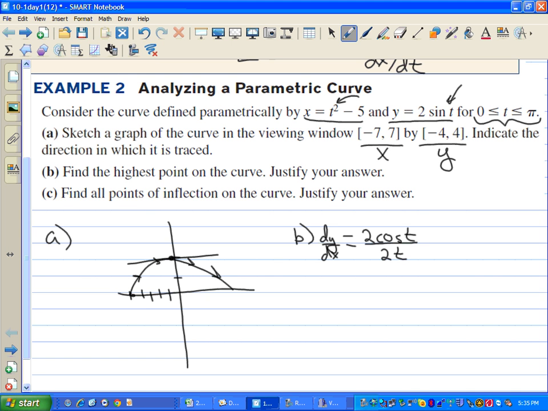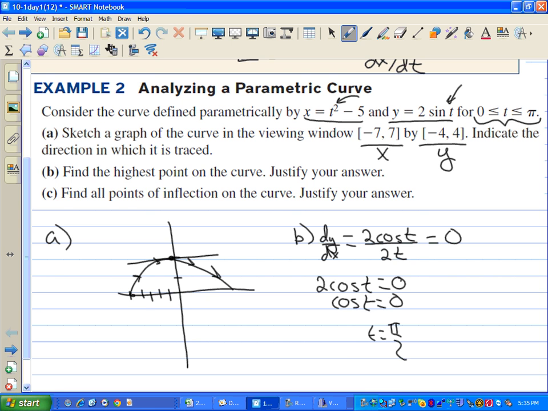Now remember, t is going from 0 to pi, so we always have to keep that in mind. We want this equal to 0 because the slope of the tangent line is 0. In order to make a fraction 0, we just have to make the top equal to 0. So we have cosine of t equals 0 when dividing by 2, and we know that cosine is 0 at pi over 2.